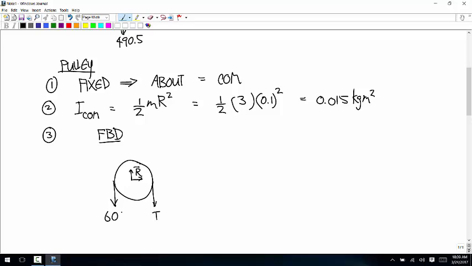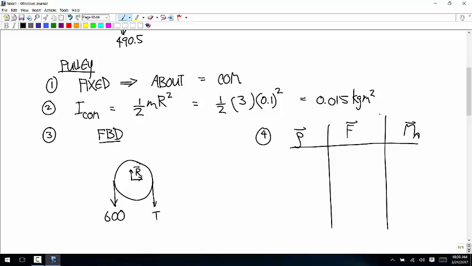This is 600. Yeah, this is number 16 on rigid bodies. So the row vector for T is 0.1, 0.